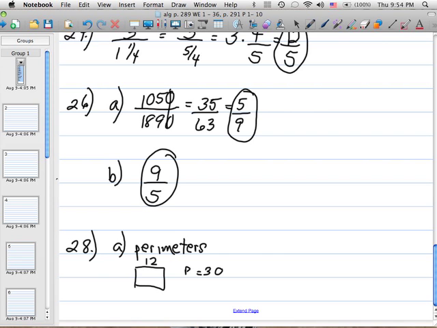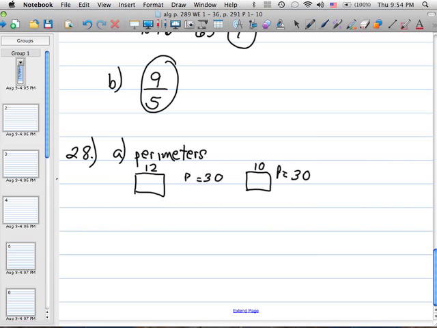And the second one has a length of 10 and a perimeter of 30. So the ratio of the perimeters would be 30 to 30, which would be 1 to 1.